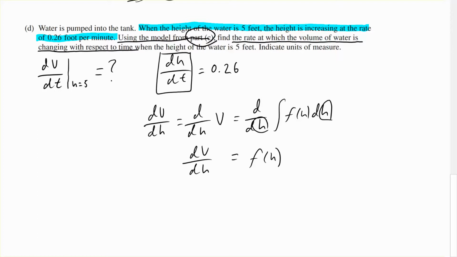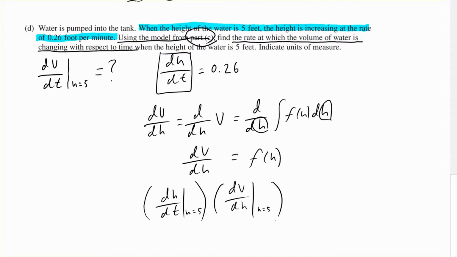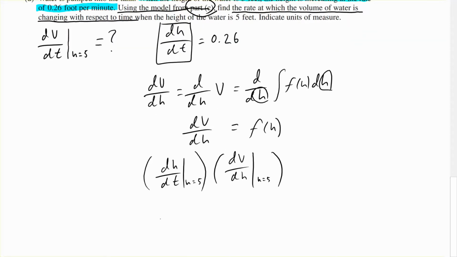So now all we have to do is multiply dh/dt at h equals 5 by dV/dh at h equals 5. So then we already know this one. This one just simply becomes 0.26.